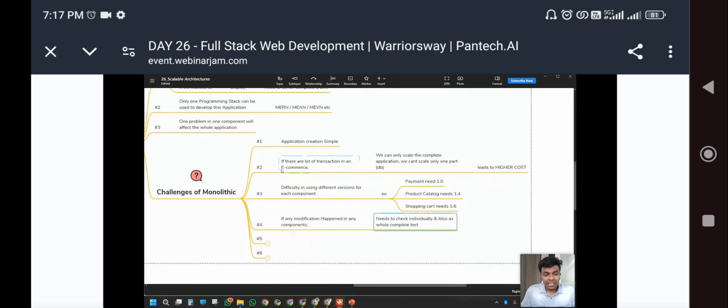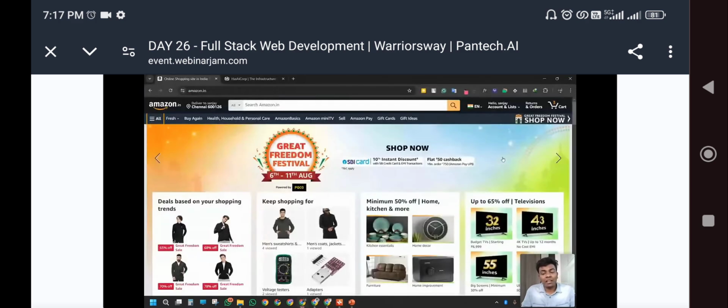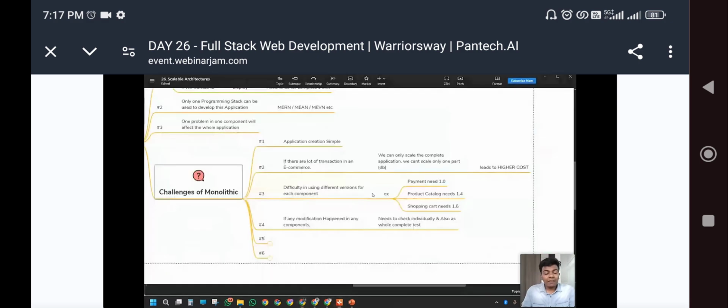If an application has been created as monolithic, and you are going to do some modification only on the checkout, since there are dependencies among all the components present in this monolithic architecture, it will demand you to do the complete test again. Individual tests will be there, but other than that, you'll be doing a complete test of the application to make sure that the dependencies are not causing any issues. So that is the fourth point.